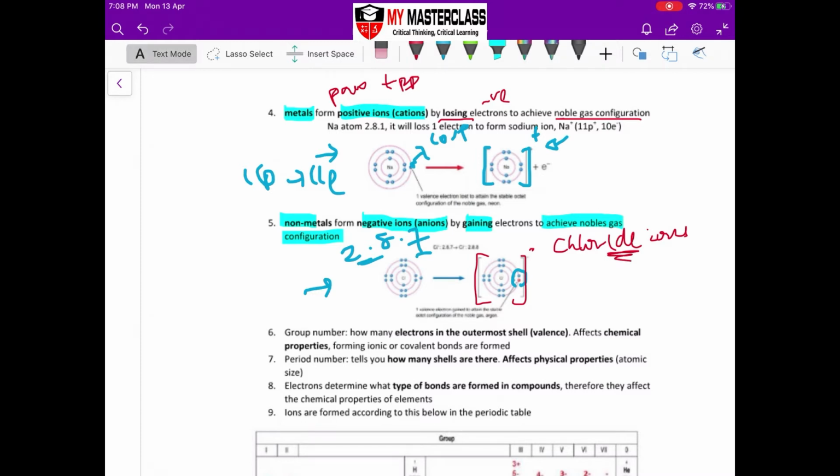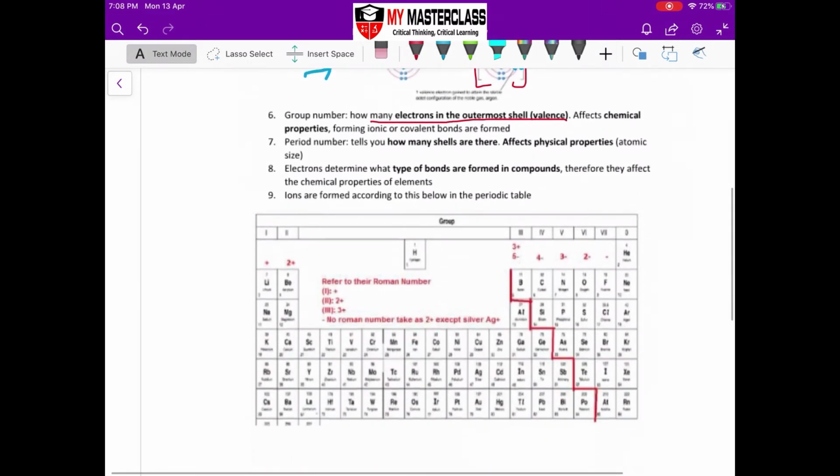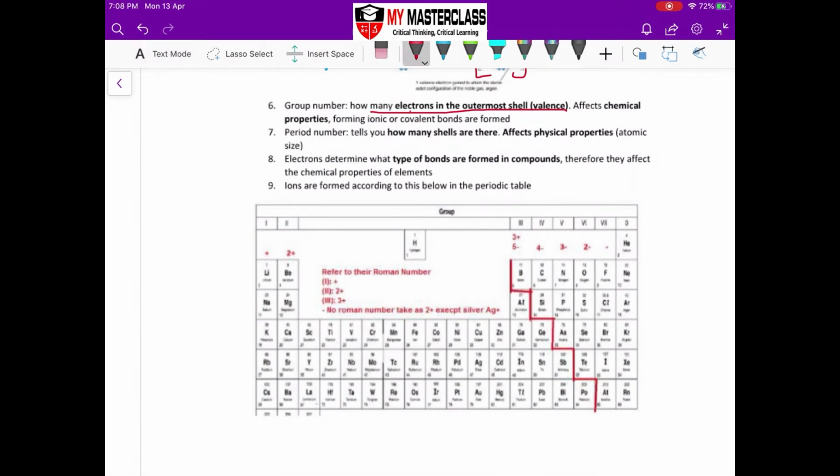So this one is a recap. Group number will tell me how many electrons are in the outer shell, how many valence electrons there are. Again, this one is 2,1, this one is 2,8,1, this one is 2,8,8,1, this one is 2,8,7. That is group 7.